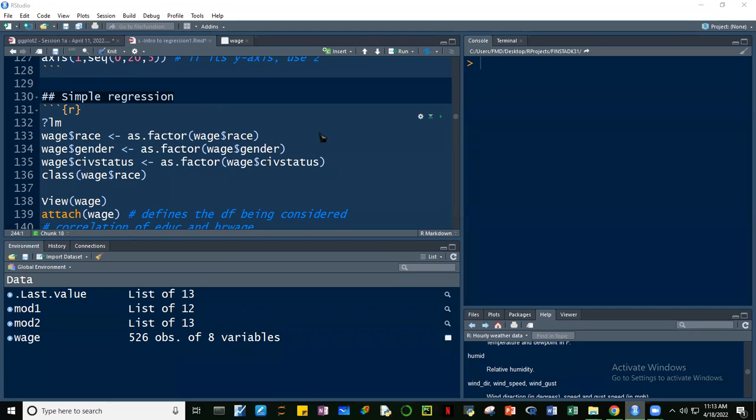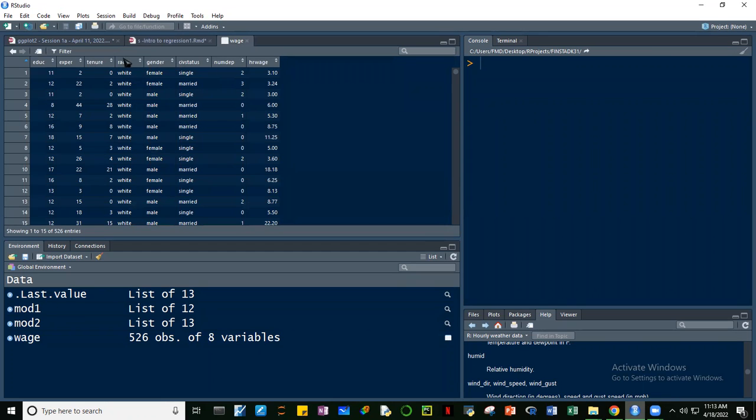Now, last time, what we did was to do our simple linear regression where we were trying to explain the hourly wage and use education as the predictor. Now, we said that our data set consists of 3 variables that are categorical.